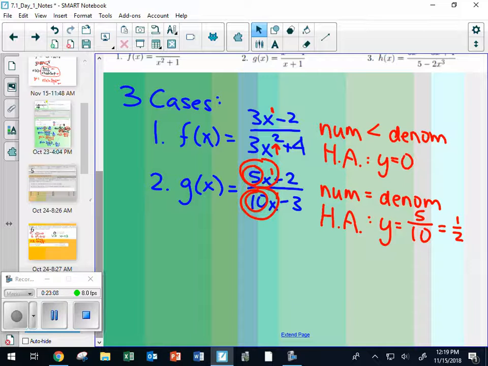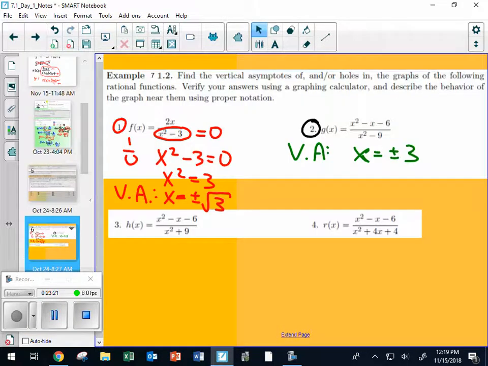You know what I just realized here? It's horizontal asymptote. Which way is your line going? This way, right? If you have a vertical asymptote, which way is your line going? This way. So if we look back at our vertical asymptotes, notice that we're saying x equals.